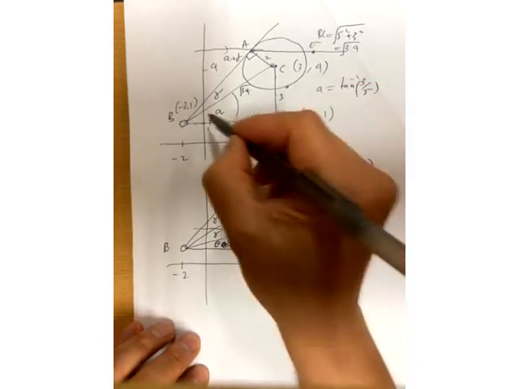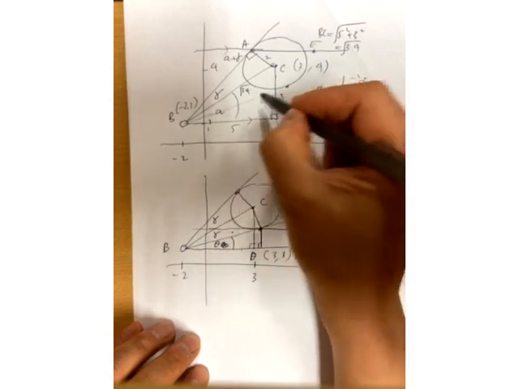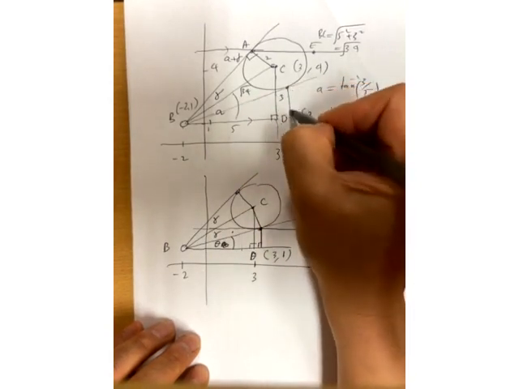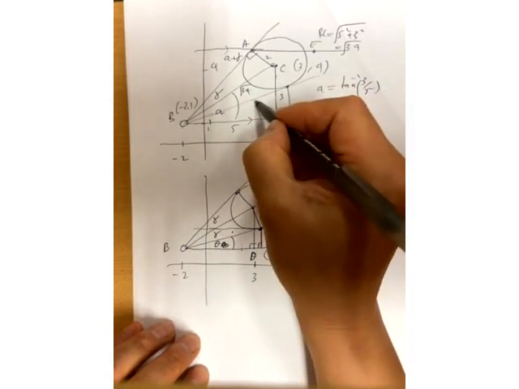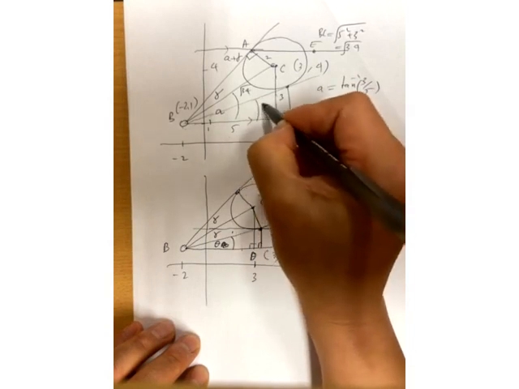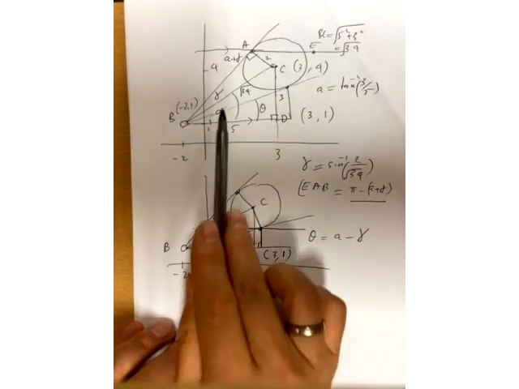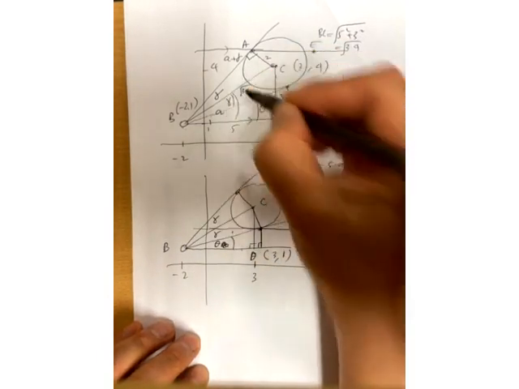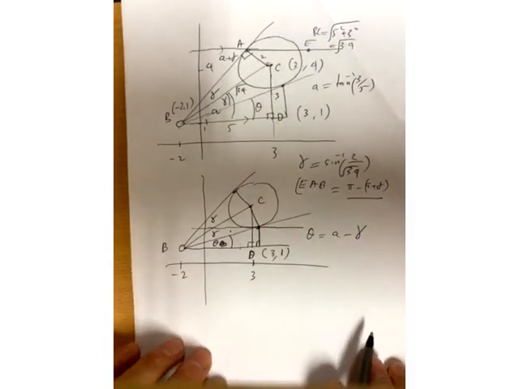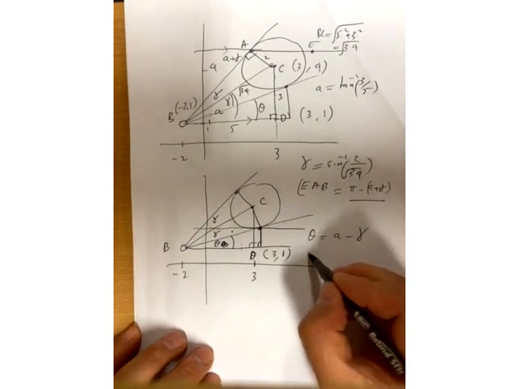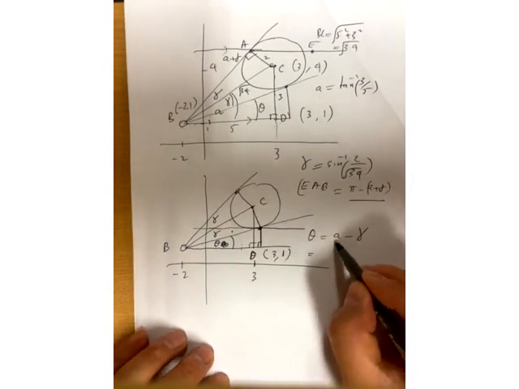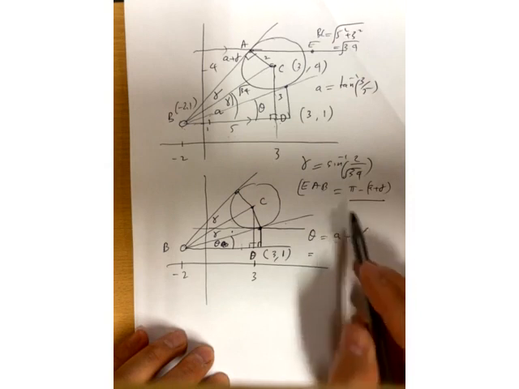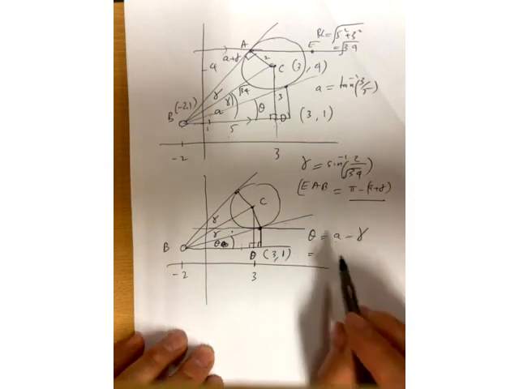Because if you have a tangent here, let me draw that on that diagram. Then that angle there, which is my theta now, is going to be your A minus the gamma guy, because by symmetry, this guy here is also gamma. So that means theta is A, which is tan inverse, minus gamma, which is sine inverse.